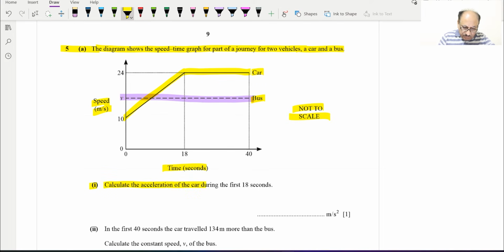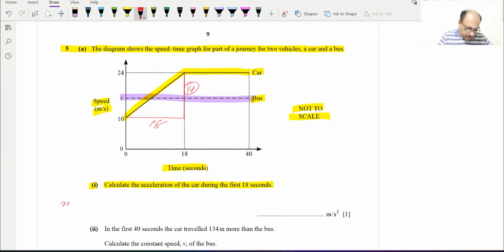Part 1, calculate the acceleration of the car during the first 18 seconds. So acceleration will be rise over run. We can draw the triangle for gradient or slope. Rise will be 24 minus 10, which is 14, and run will be 18.